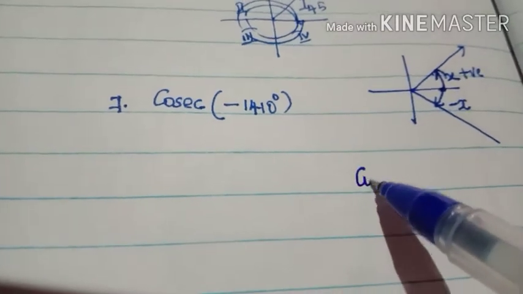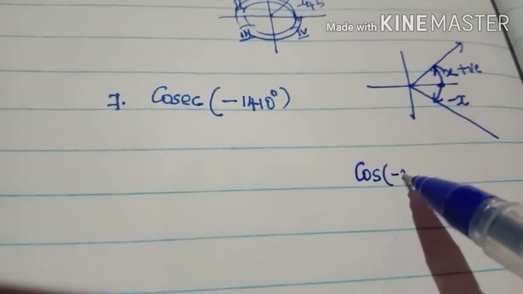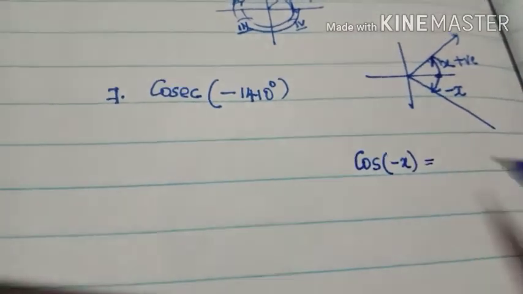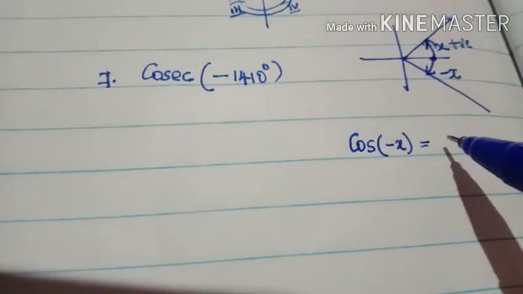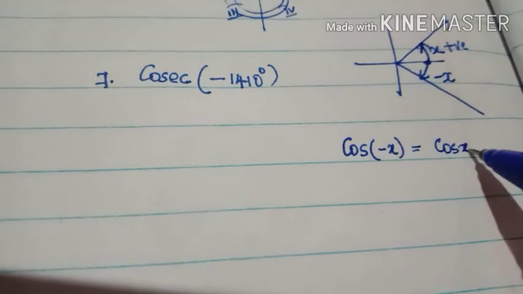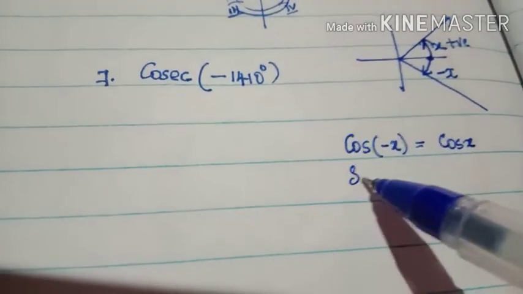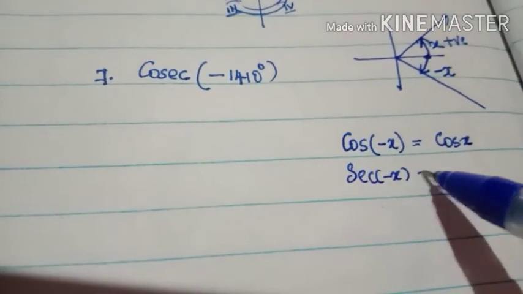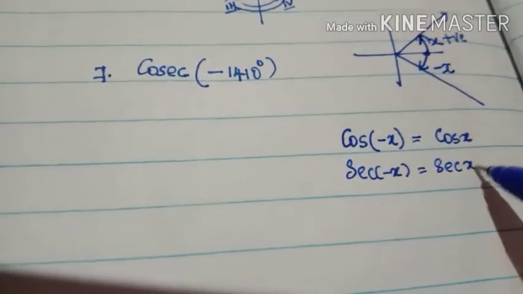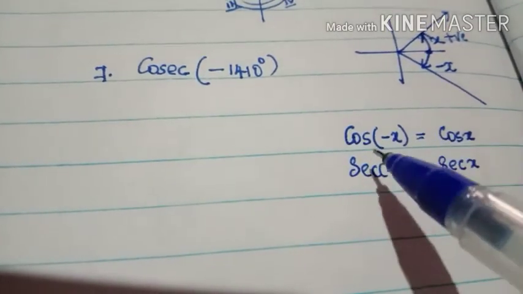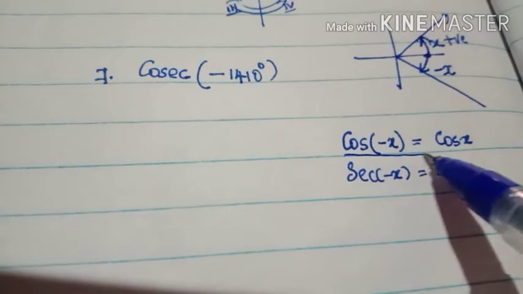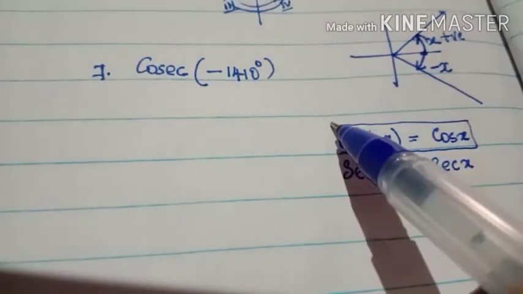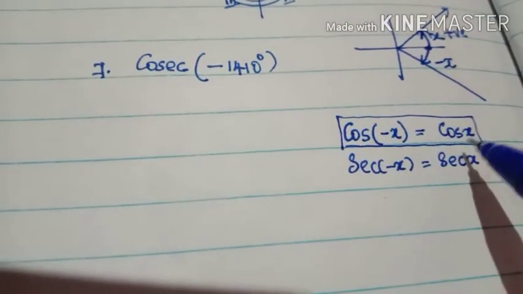For this you have to remember only one result. Listen: cos of minus x equals cos x, and also sec of minus x equals sec x. Cos and sec are reciprocals of each other, and therefore you have to remember only this one, cos of minus x equals cos x.